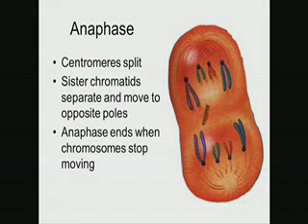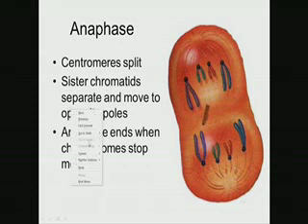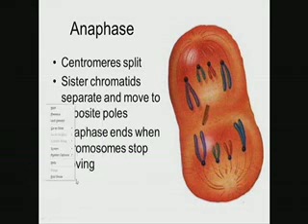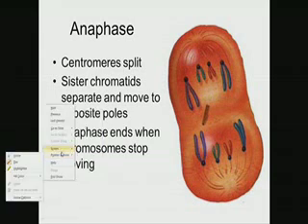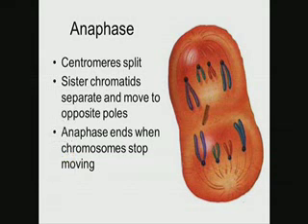So in early anaphase, the chromosomes have started moving. In late anaphase, the chromosomes will be stopping their movement altogether. All right, so you can see here, this chromosome is moving towards this side, and suppose it has reached here and completely stopped the movement.